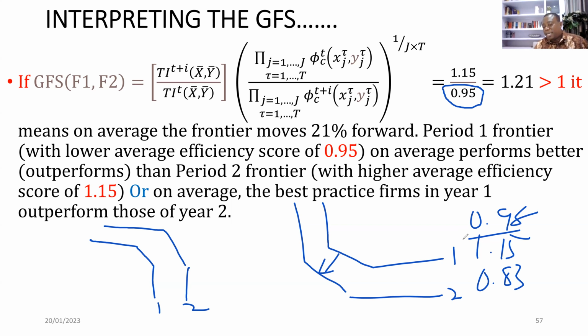So what it would mean is that, if it was groups, you would have said that the group 1 frontier is worse than group 2 by approximately 17%.